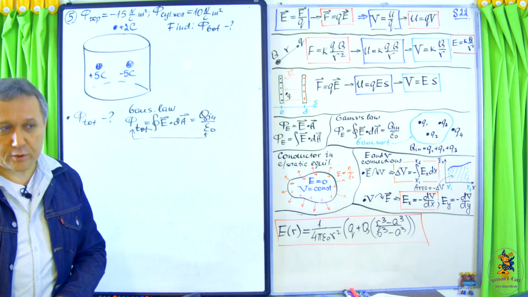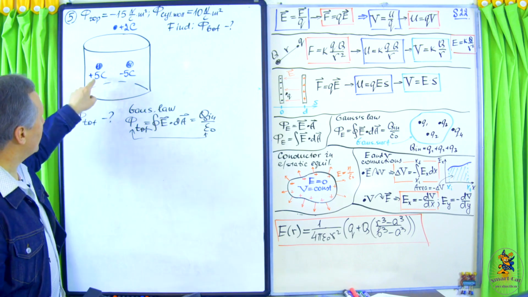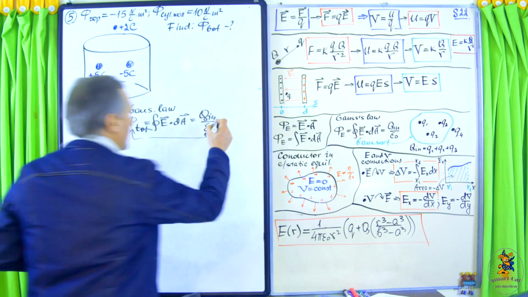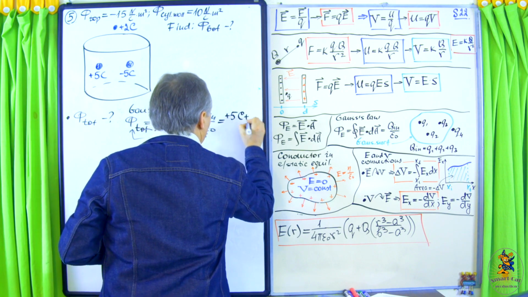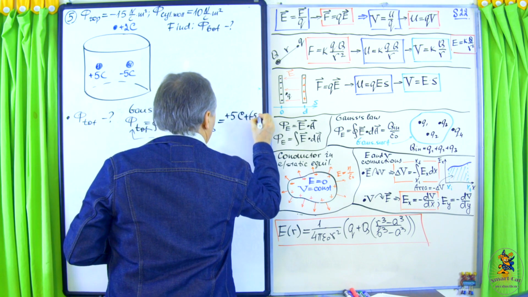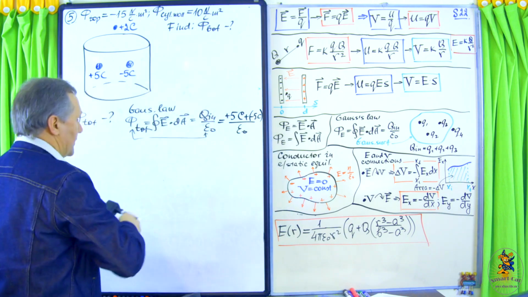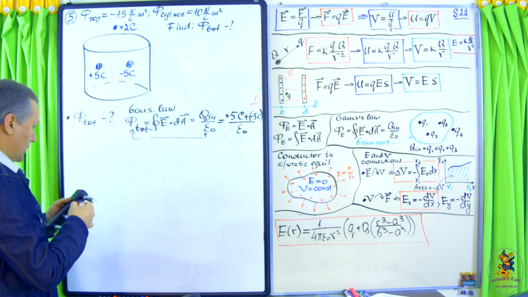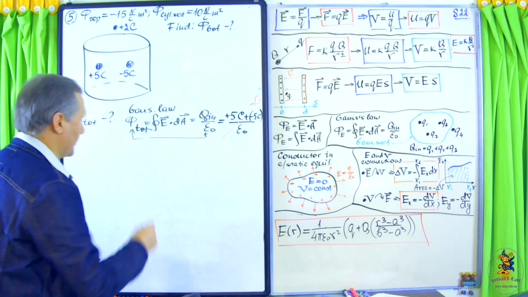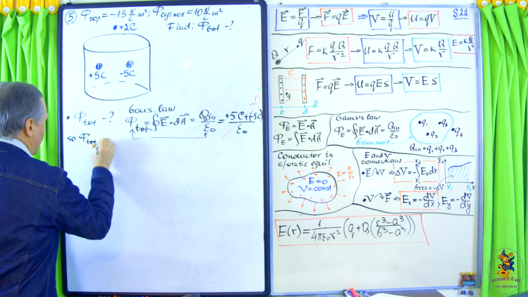We don't care. Gauss's law only cares about the charges inside, plus Q and minus Q. So it will be plus 5 coulombs minus 5 coulombs divided by epsilon naught. That is 0. So the total flux, phi total, is 0.